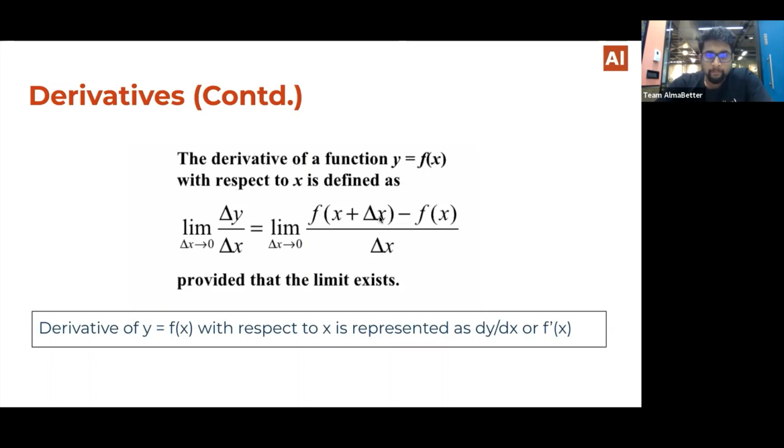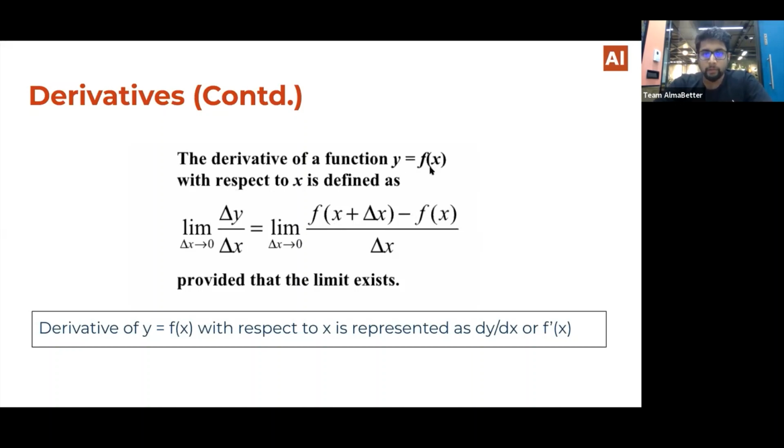Okay. So if you want to calculate delta y, what will that be? Delta y is nothing but f(x plus delta x), because you have increased x, and this is the value at increased x, from which you subtract the old value f(x). So if you take the difference, this is the change in y, because y is nothing but f(x).